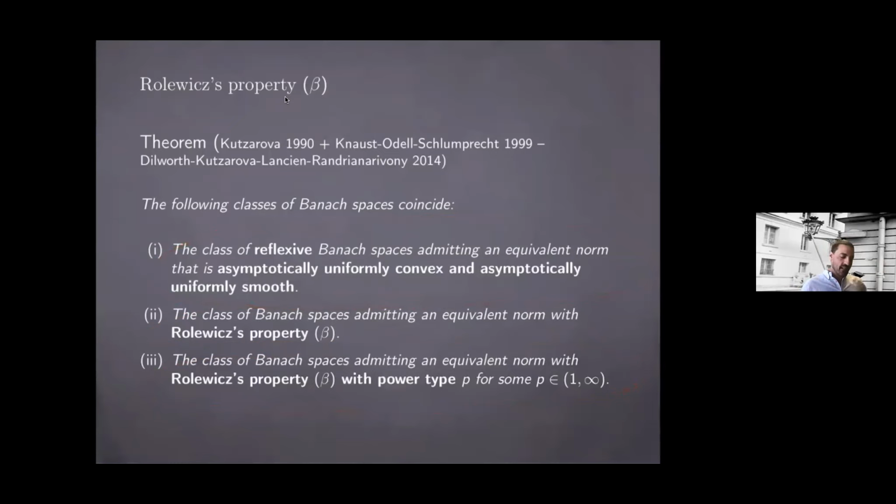This actually follows from works of Dutkiewicz in the 90s and the renorming theory of Knaust, Odell and Schlumprecht, but it was really observed a little bit more recently, and it's done in this paper, for instance. So now you have the equivalence between these two classes.